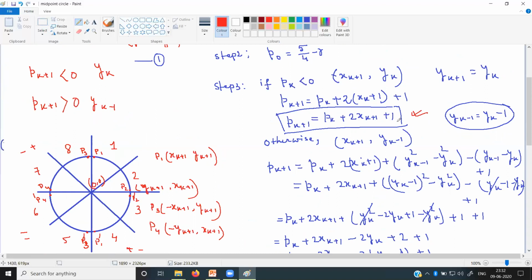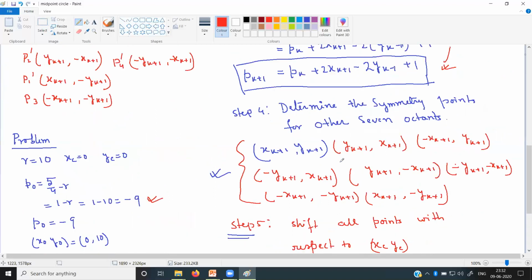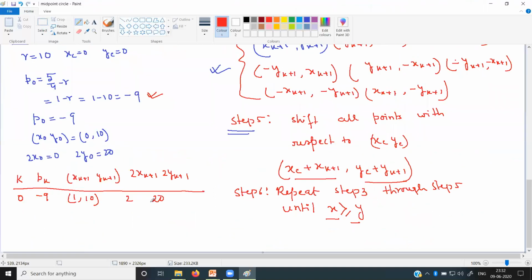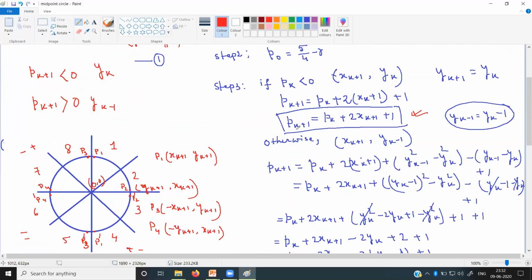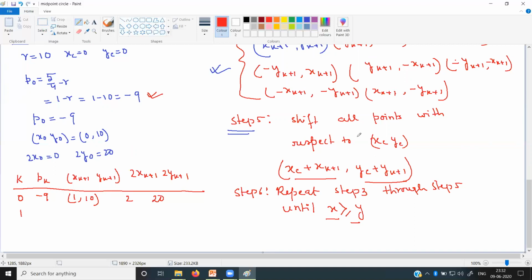At the next iteration, for k equals 1, if I follow this equation, pk plus 2xk plus 1 plus 1, we get the decision parameter as minus 6. You can compute it and check it.